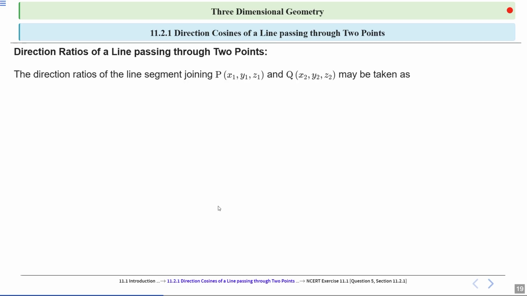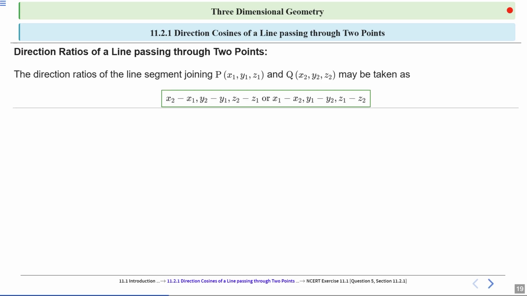Suppose we have 2 points P with coordinates x1, y1, z1 and Q with coordinates x2, y2, z2. Then the direction ratios of the line segment joining P and Q may be taken as x2 minus x1, y2 minus y1, z2 minus z1.